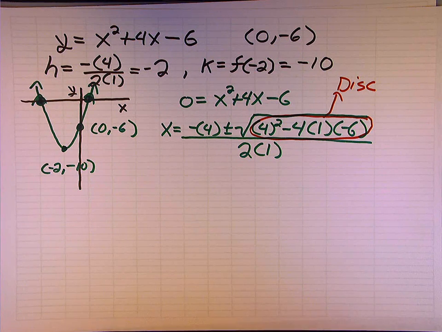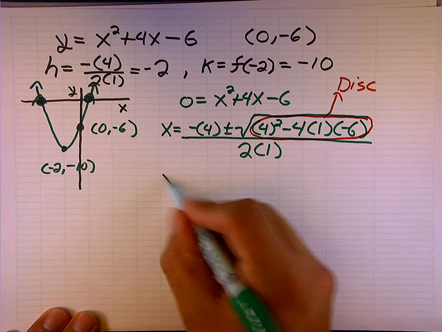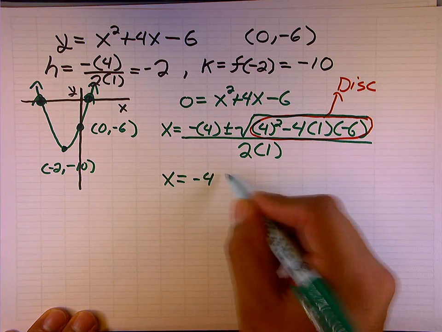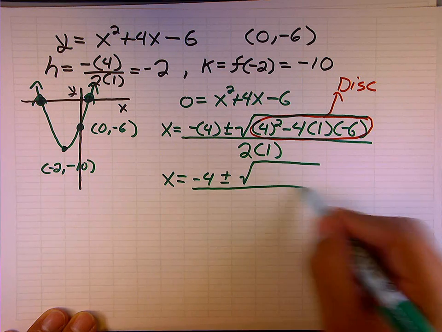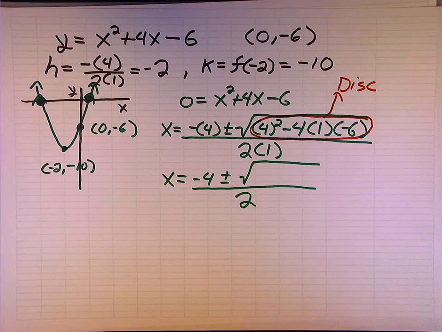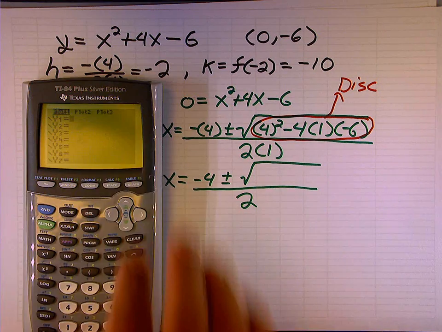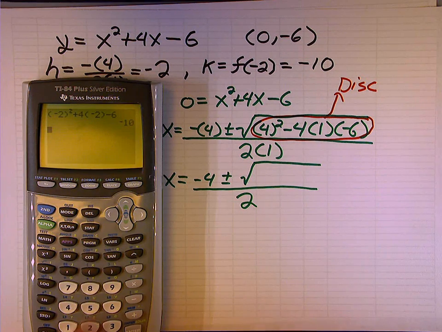So, when we take a look at that, let's go ahead and simplify this radical. Plus or minus square root of something over 2. All I'm going to do is throw that in my calculator, and I've got what? 4 squared minus 4 times 1 times negative 6.